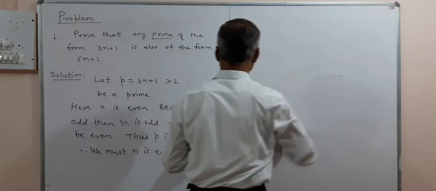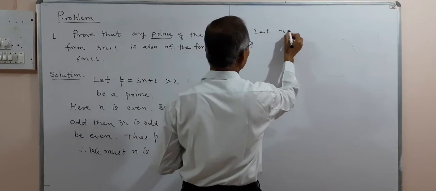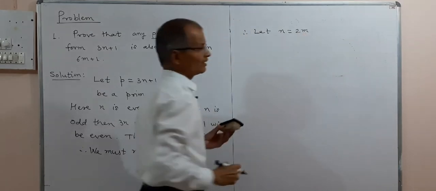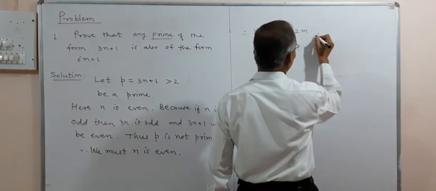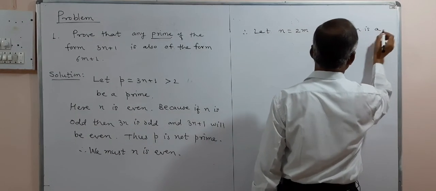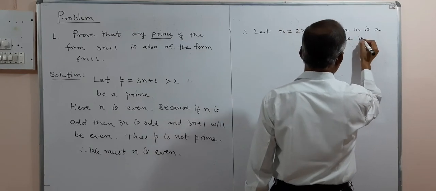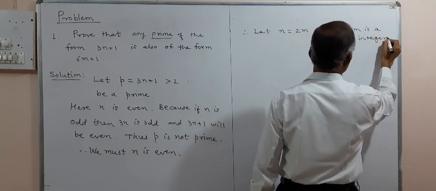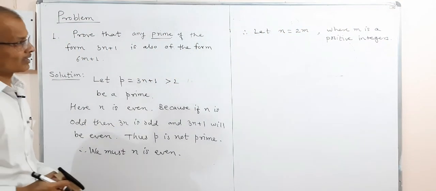Therefore let n is equal to 2m. Every even integer is written as 2 into some other integer, where m is an integer, where m is a positive integer. We are considering only positive integers because primes are positive, greater than 1.